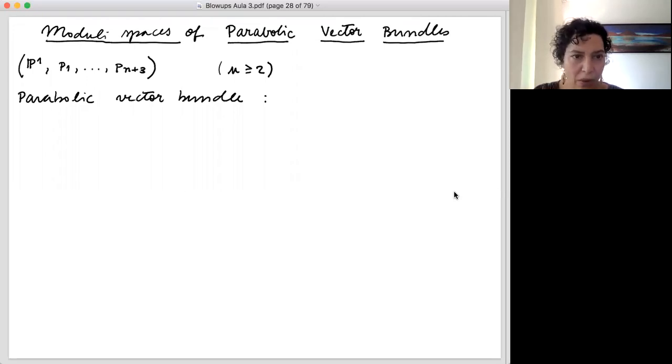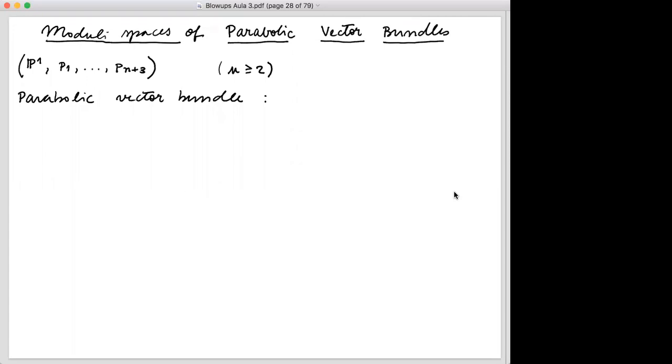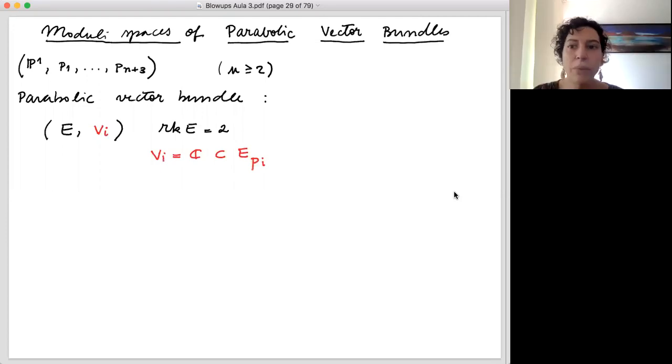A parabolic vector bundle on the pointed line is nothing but a rank 2 vector bundle on P1, together with, for each of the n+3 parabolic points, a one-dimensional linear subspace of the fiber of the vector bundle over this point. So for every p_i, I take a linear subspace of dimension 1 inside the fiber E_{p_i}. So this is what we call a parabolic vector bundle.